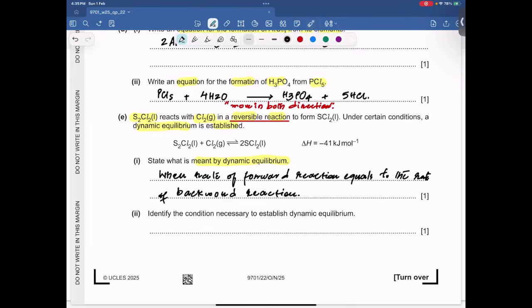By the way, in dynamic equilibrium, the concentration of reactant and product needs to be constant. So you can write the answer in that term also.